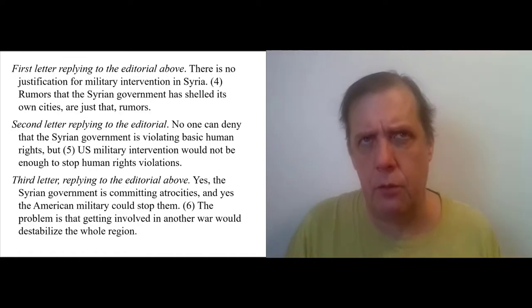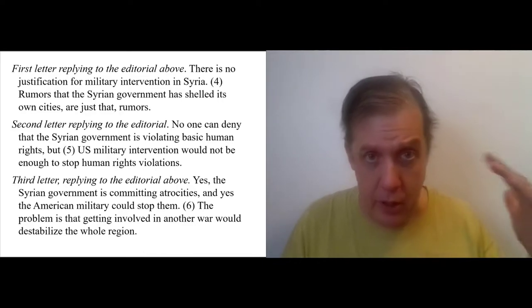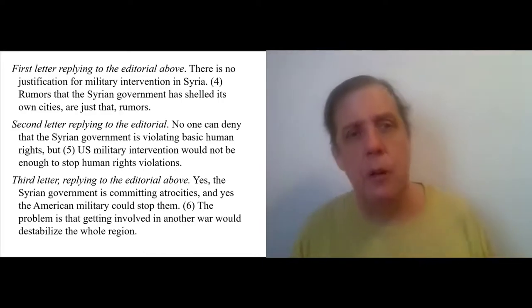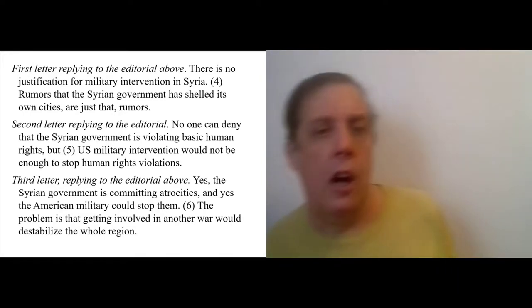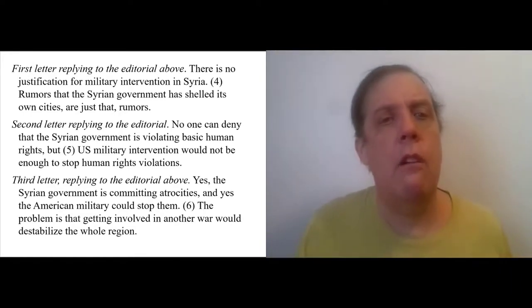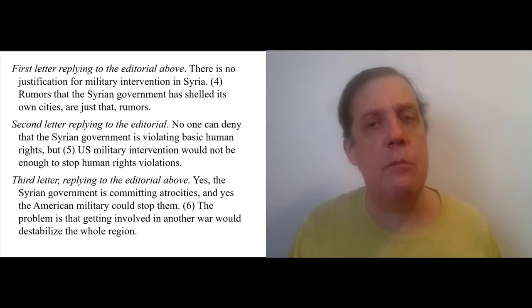And actually, if you remember back to the Syrian war, they had shelled their own cities, and the pictures came out of Aleppo, and they just bombed the place flat. But that's neither here nor there. Statement 4 can be plotted as an objection to what we're saying, and this is going to be an objection to the truth of one of the premises, that Syria is bombing its own cities.